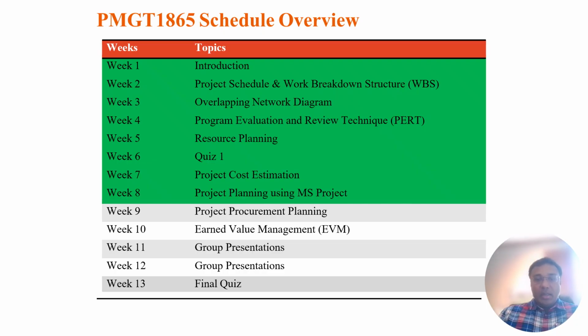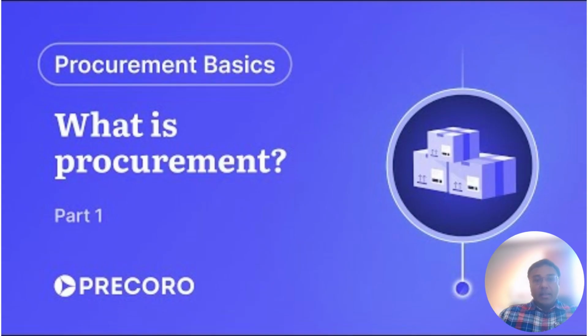And week 4, we continued with the PERT model, the program evaluation and review technique. In week 5, we did resource planning, the organization breakdown structure and so on. Week 6 was the quiz, week 7 we did cost management, and last week we had project planning using MS Project. And week 9, today, we are focusing on project procurement.